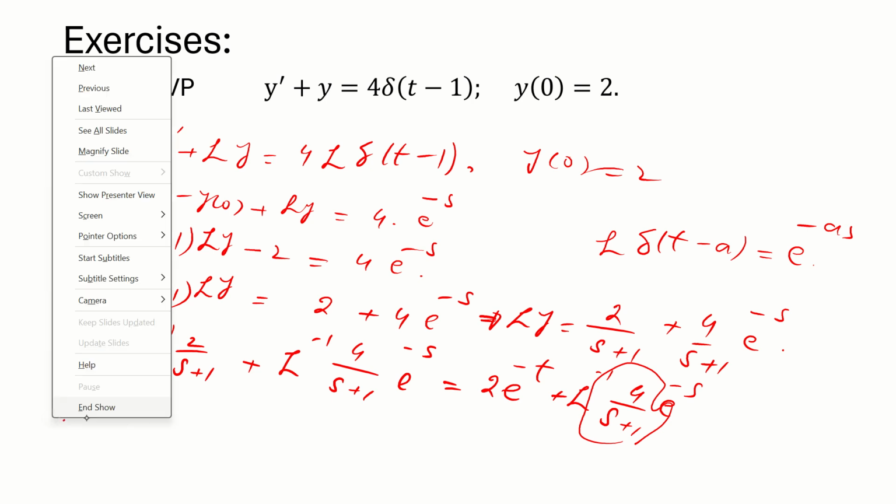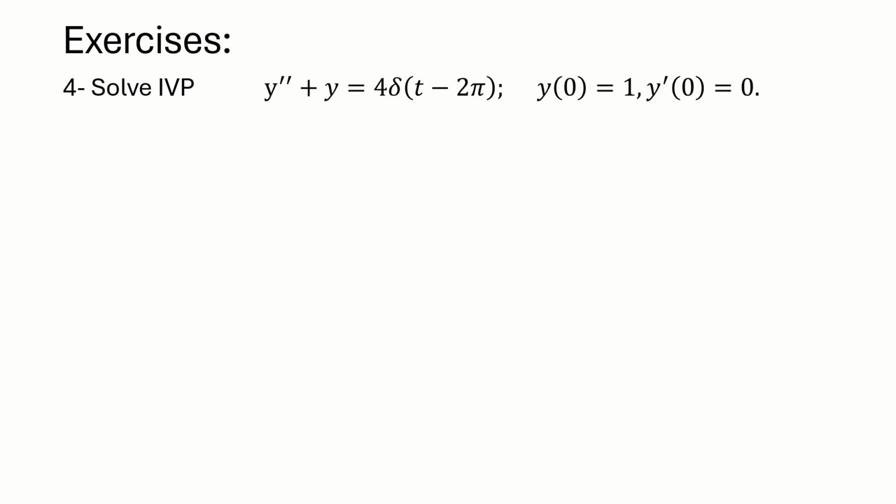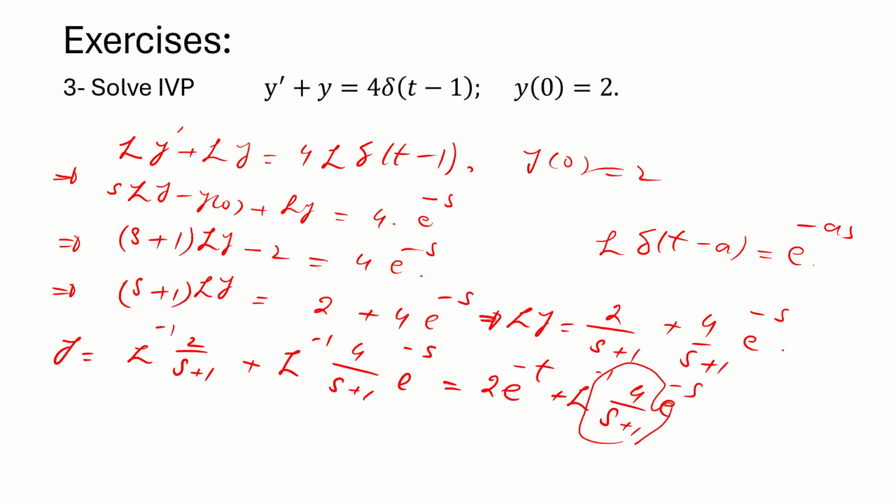The Laplace inverse of 4 divided by s plus 1 is equal to 4 times e power minus t, which means the Laplace inverse of 4 by s plus 1 e power minus s will be f of (t minus 1).